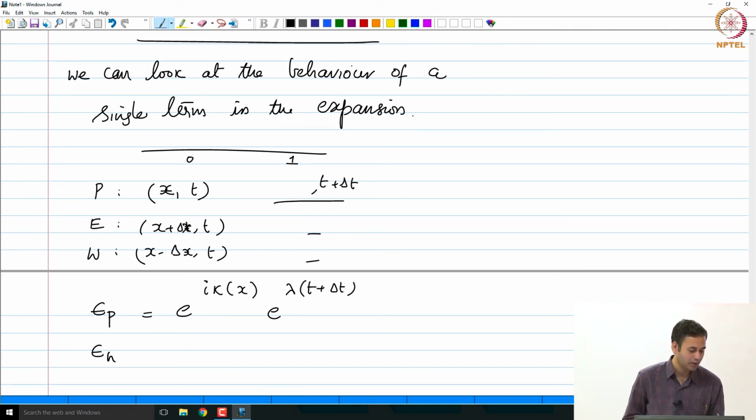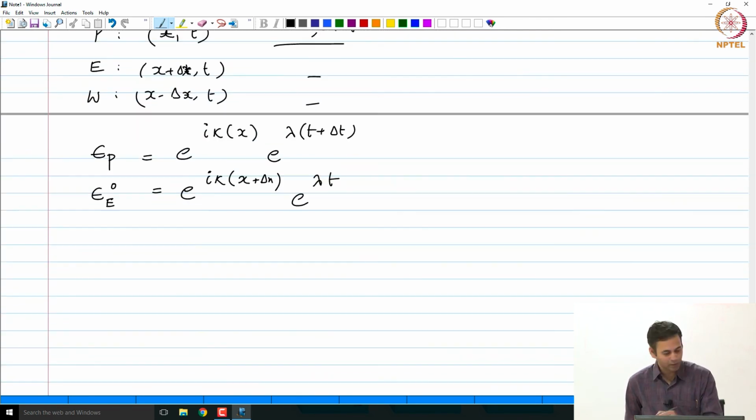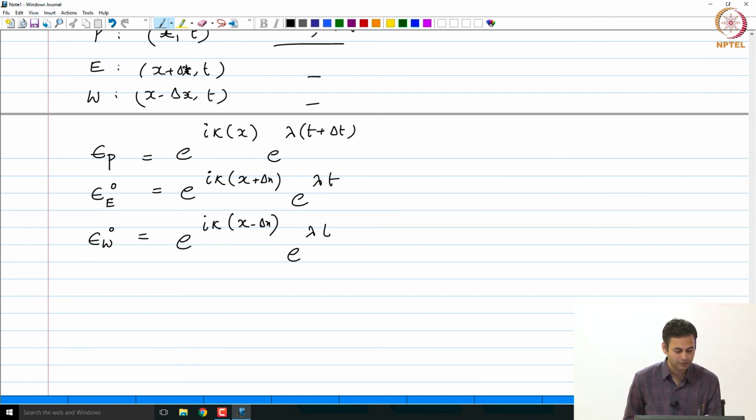What will be epsilon east at 0? It will be e to the power i k (x plus delta x) times e to the power lambda t. What about epsilon west at 0? E to the power i k (x minus delta x) times e to the power lambda t.